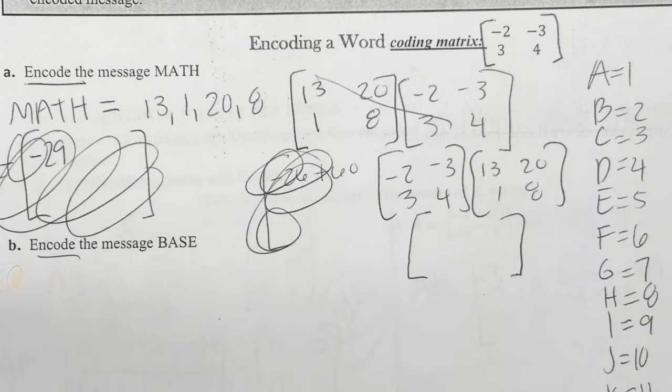Yeah, that one's good. Yeah, when you multiply, it's got to be this one first, coding matrix, then this one, which is what you did here. Okay.